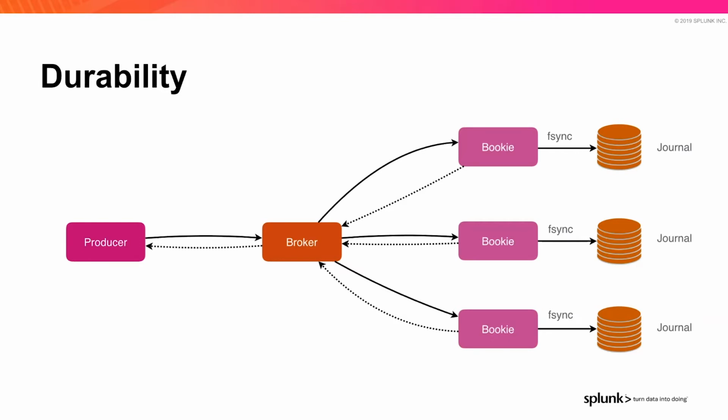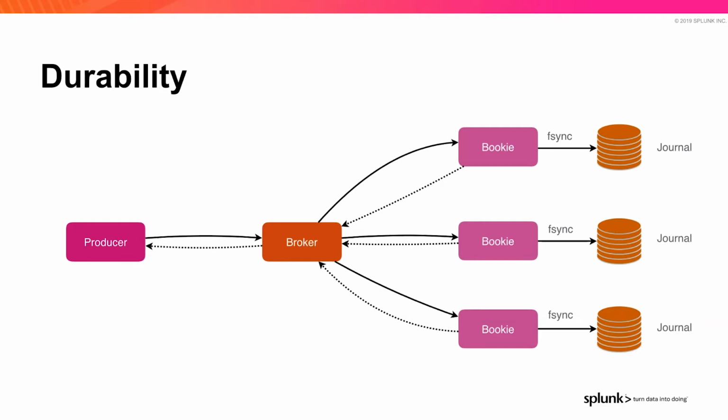Now, brokers can at any given time replicate the data across bookies. In other words, whenever the producer sends a message to the broker, the broker can simultaneously replicate the data into multiple bookies. Then all the bookies will do the fsync and give the acknowledgement.